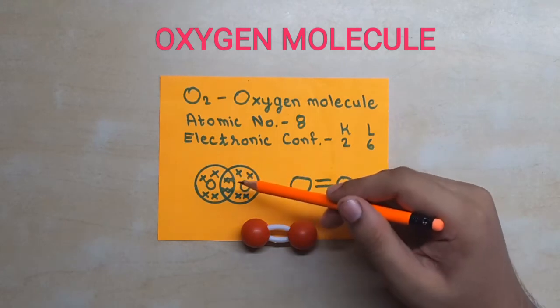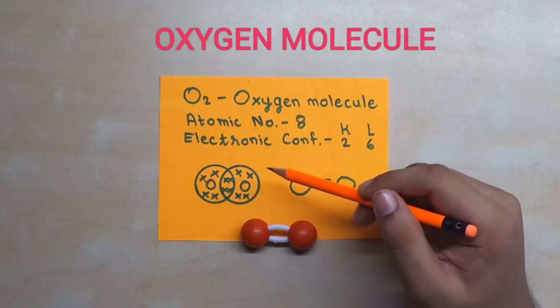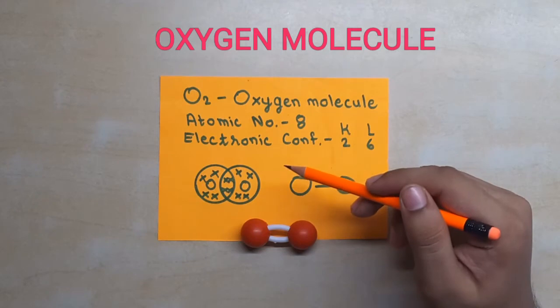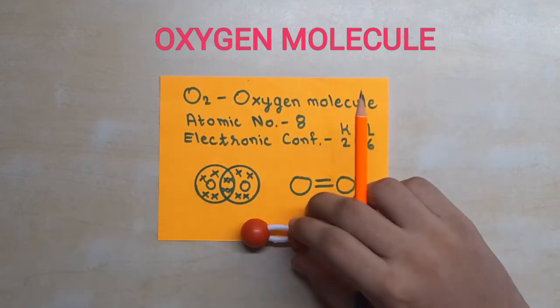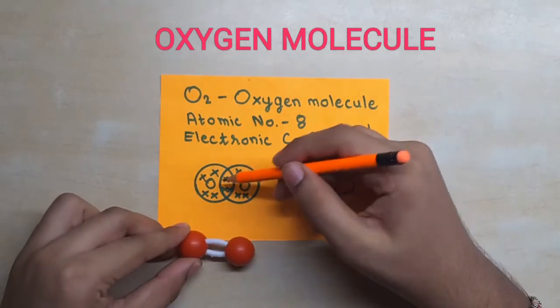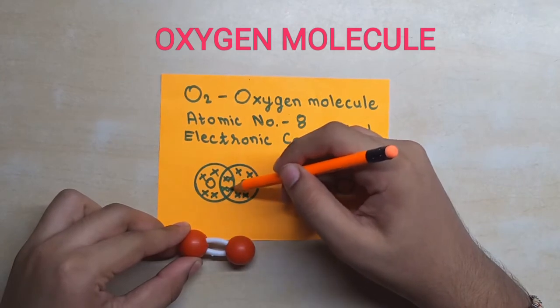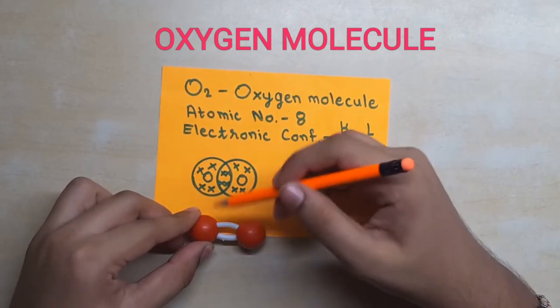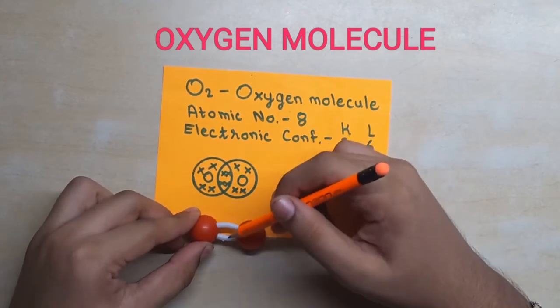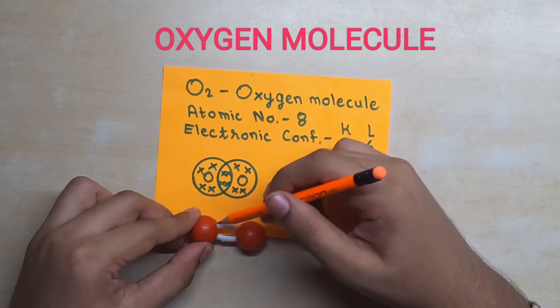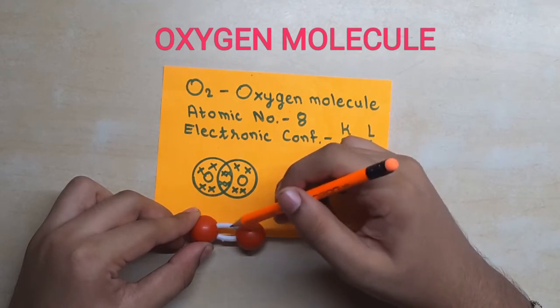So, an oxygen atom binds with another oxygen atom and forms a double bond. Thus, 4 electrons are shared between them in total and a double bond is formed. Each bond contains 2 electrons.